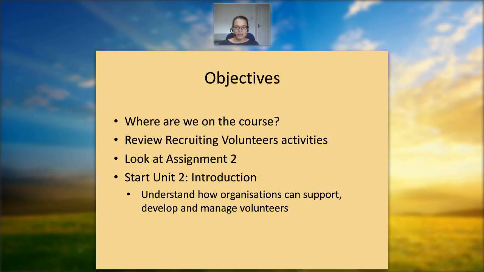But please do have a go at post-it and mind mapping. Then to have a look at assignment 2, which was the bulk of the tutorial, and then to do an introduction to Unit 2, understanding how organisations can support, develop and manage volunteers. So I'm thinking that we have done all of those things.